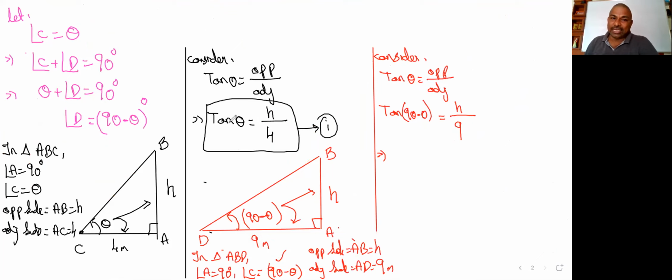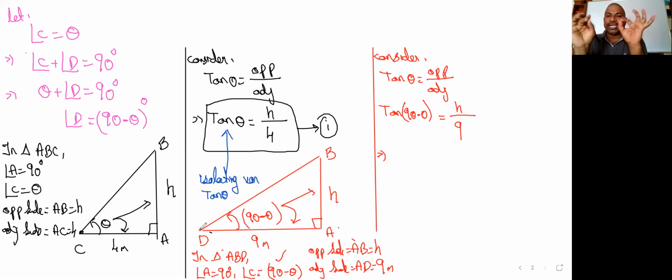In the first equation, we have tan theta is equal to h by 4. In the next equation, we have tan 90 minus theta is equal to h by 9. Let us take the isolating variable as tan theta.